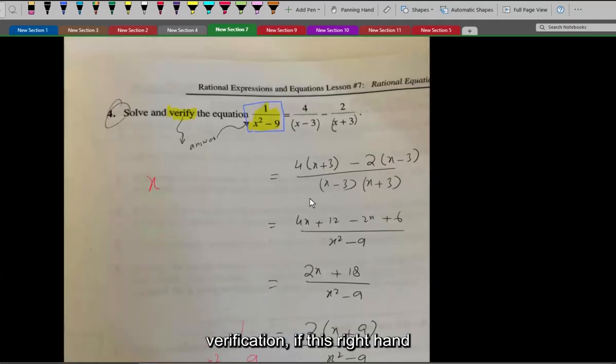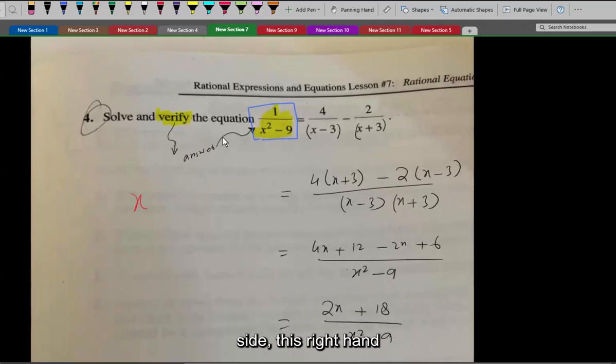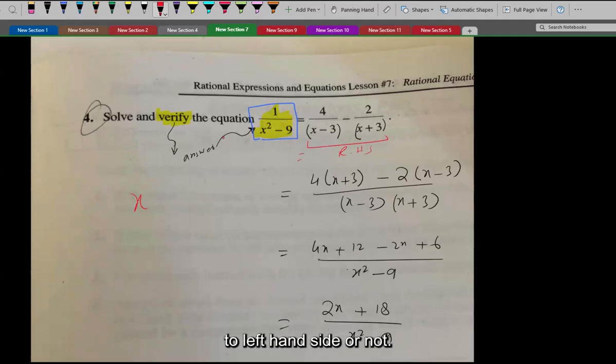But since the requirement is just the verification of whether the right hand side is equal to the left hand side or not, my finding is that both sides are not equal.